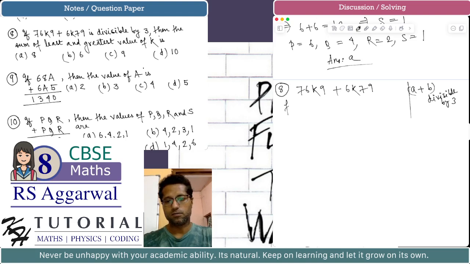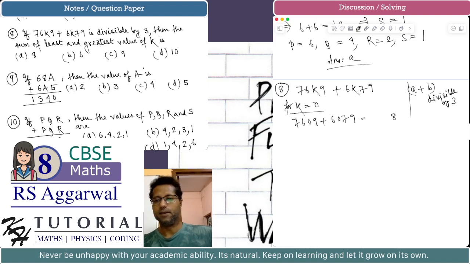So for k equal to 0, the result becomes 7609 plus 6079, which is equal to 13,688.